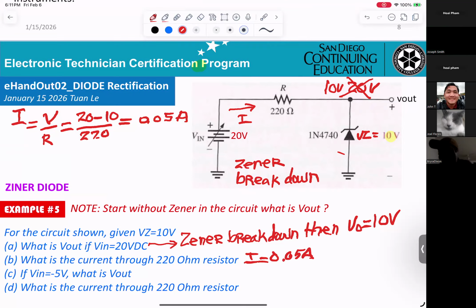Now, next question. If V in equal 5 volt, okay, so now they change that to 5 volt.